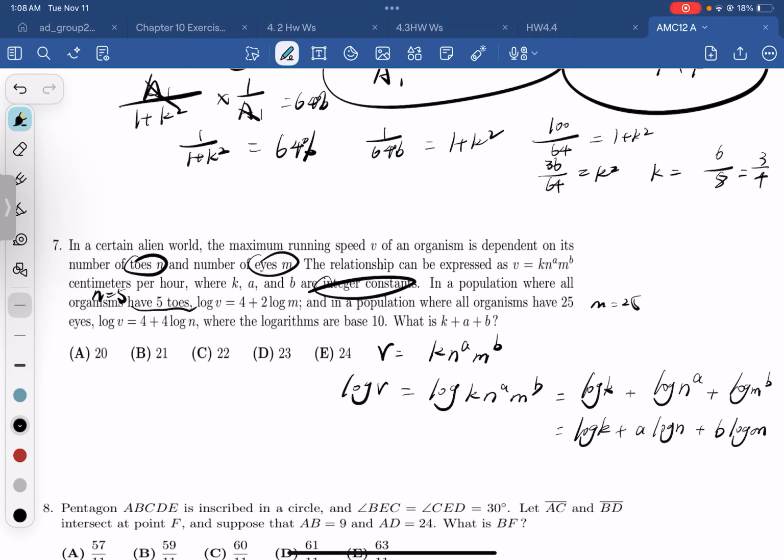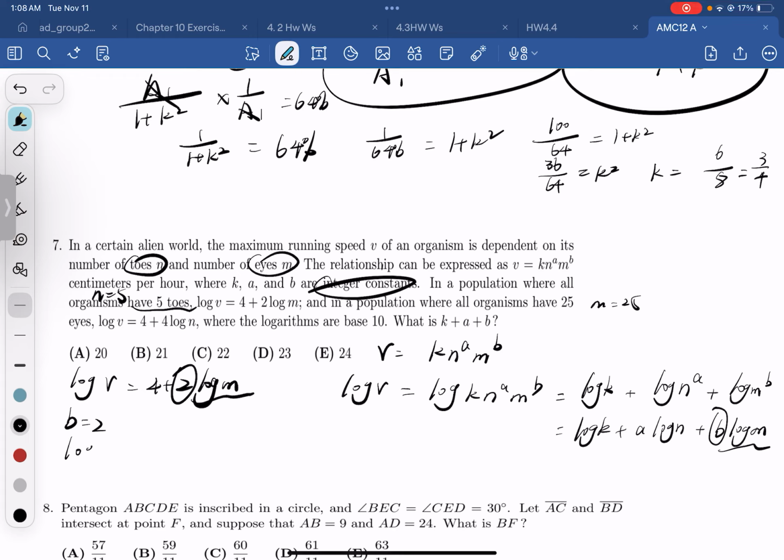So let's see the first situation where n equals 5. Log v equals 4 plus 2 log m. So we see there's a log m here and another log m there. So the coefficient is 2 and the coefficient is b, so we easily get b equals 2. All right.